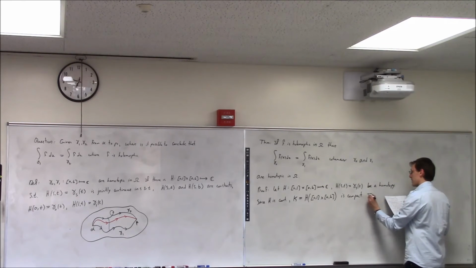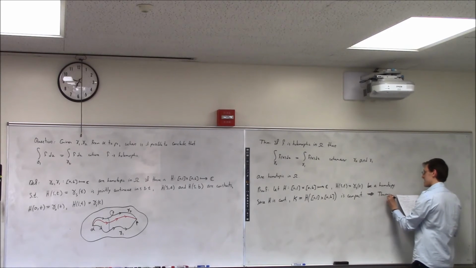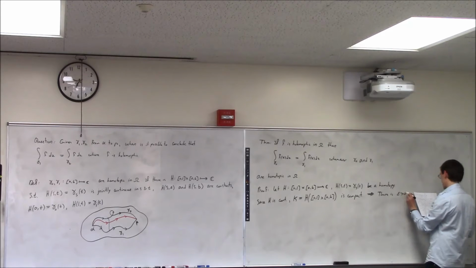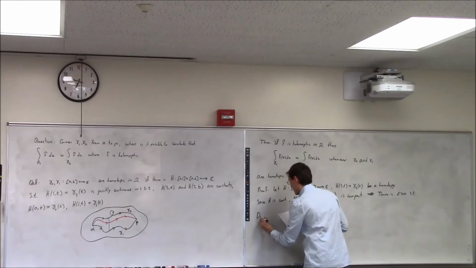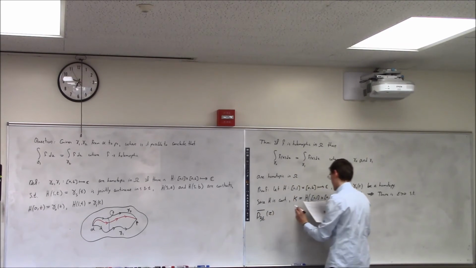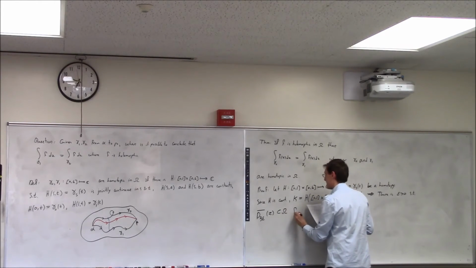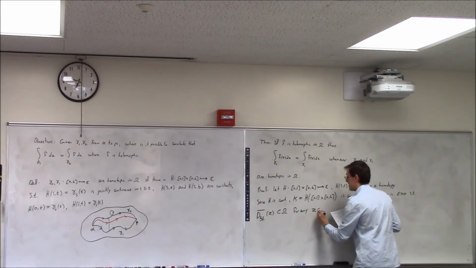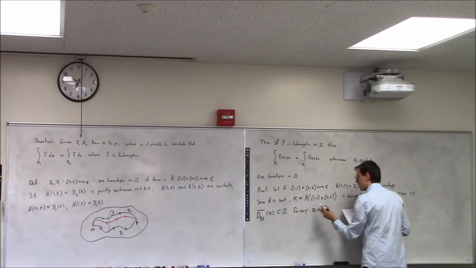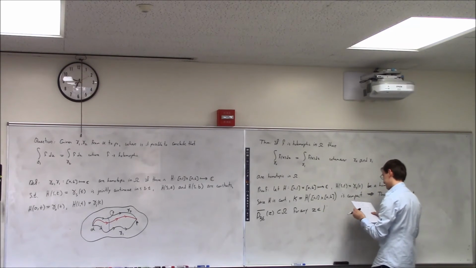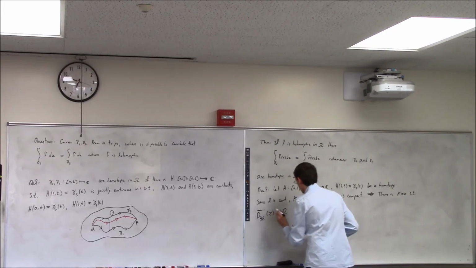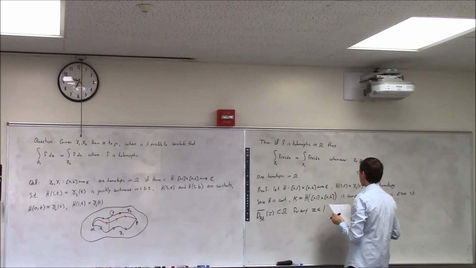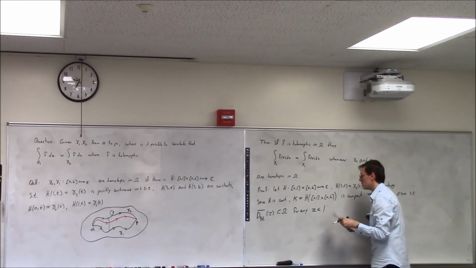And the implication is, because it's compact, there is epsilon bigger than 0 such that the disk of radius 3 epsilon, even closure, centered at z, belongs in omega for any z belonging to the region K.